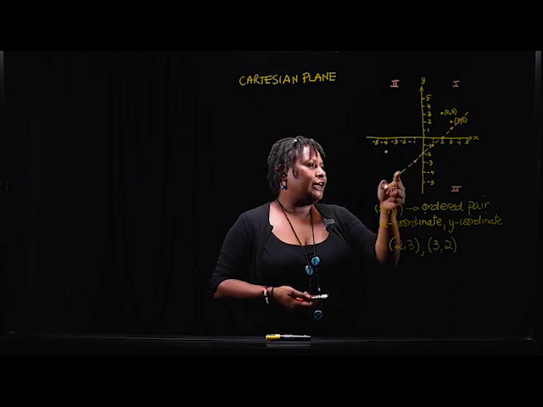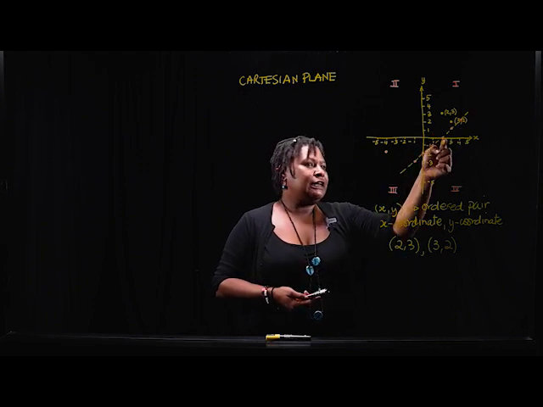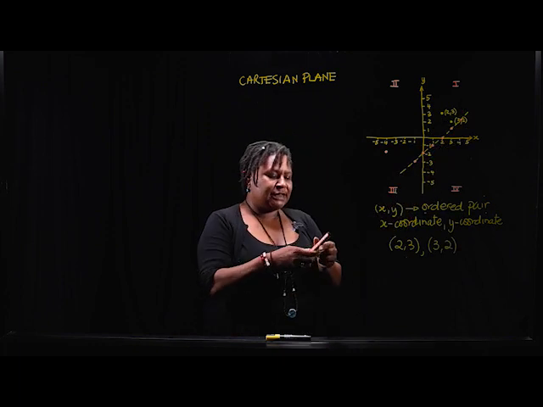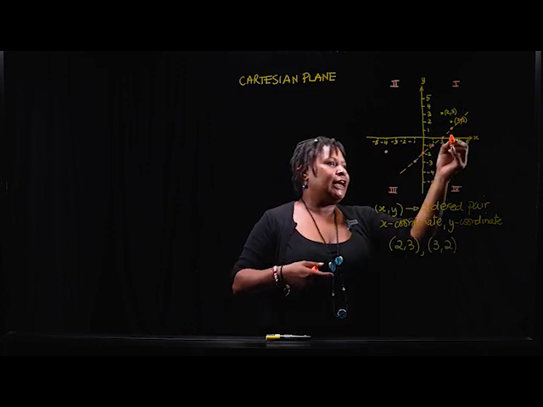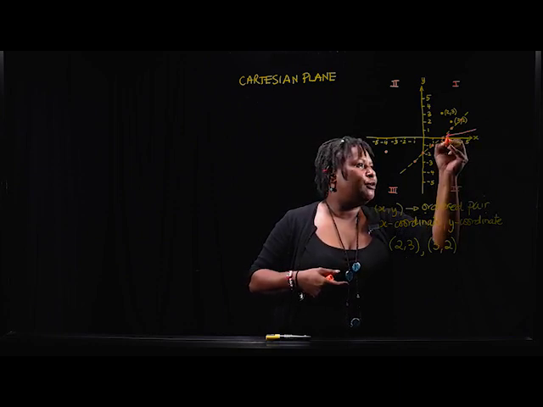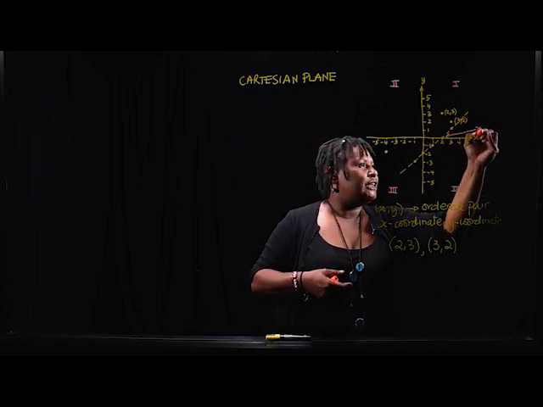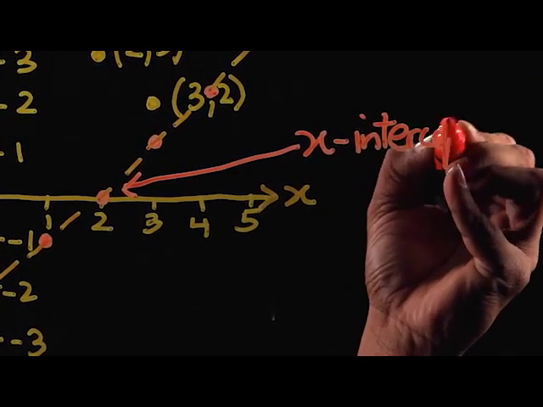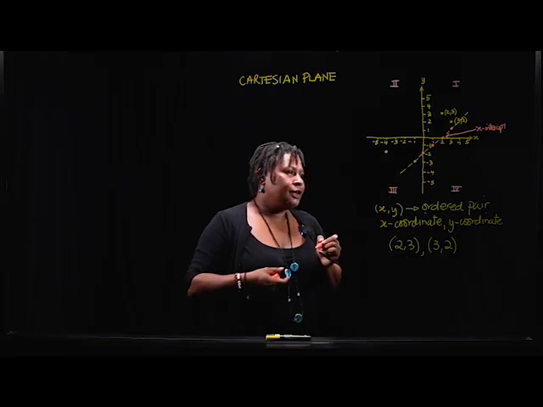If your straight line intersects or cuts across the x-axis, we call this an x-intercept. So I'm going to draw an arrow here. We call this the x-intercept.